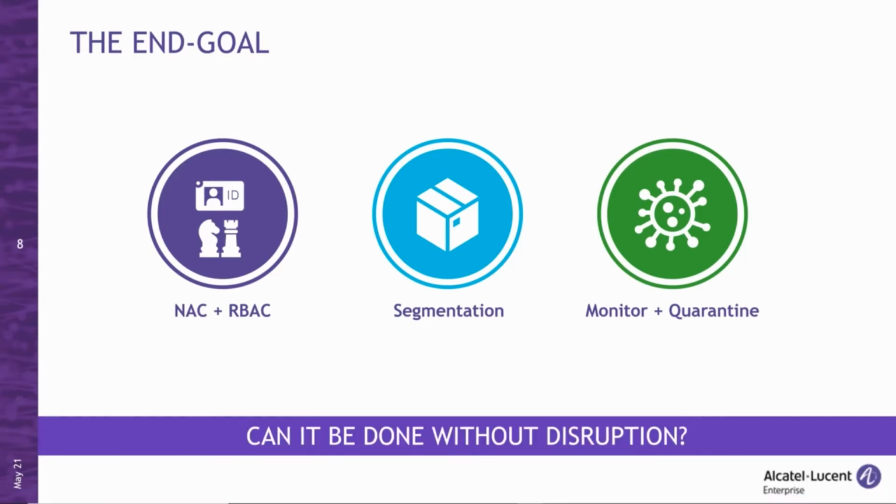The question then is, can we go from the current status to a microsegmentation architecture without creating chaos as we do that? In practice, this is not easy to do when the network is already in place.